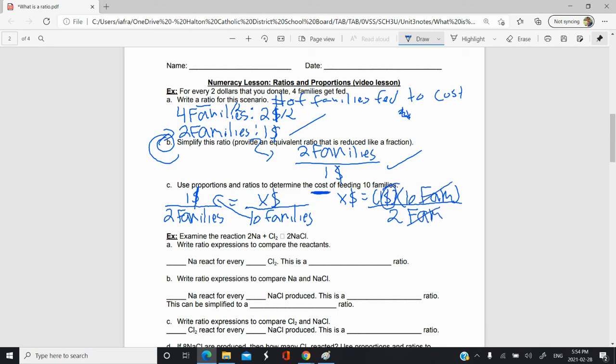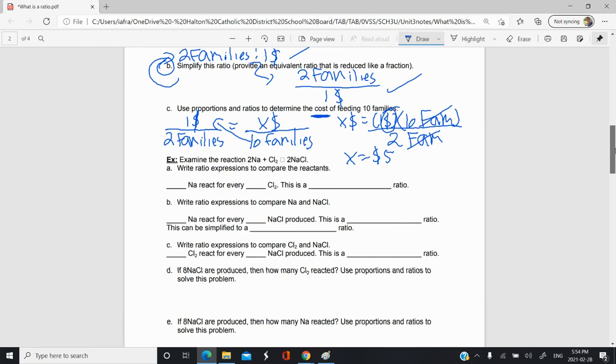Dollars left over. So I have 1 times 10 divided by 2. That's going to be $5 to feed those 10 families, because every dollar that I spend can feed 2 families. And so I use ratios and proportions to solve that problem.